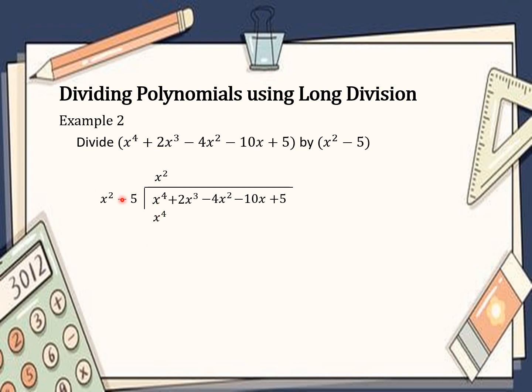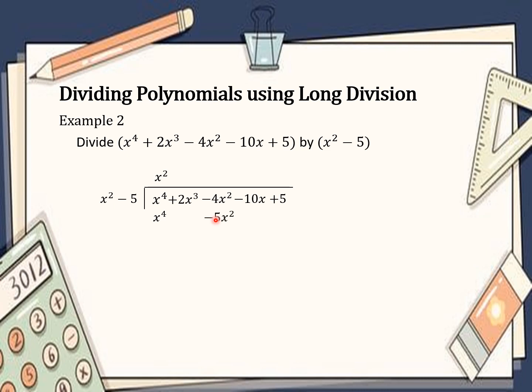Then x squared times negative 5 will give us negative 5x squared, which is quadratic. But notice that the next term is cubic. So where are we going to place the product of x squared and negative 5? It must be below the quadratic term, which is negative 4x squared.